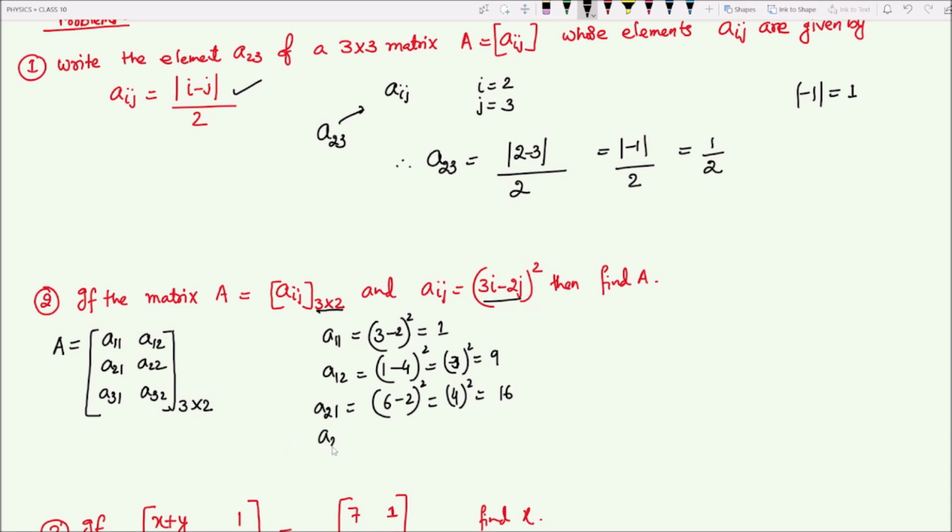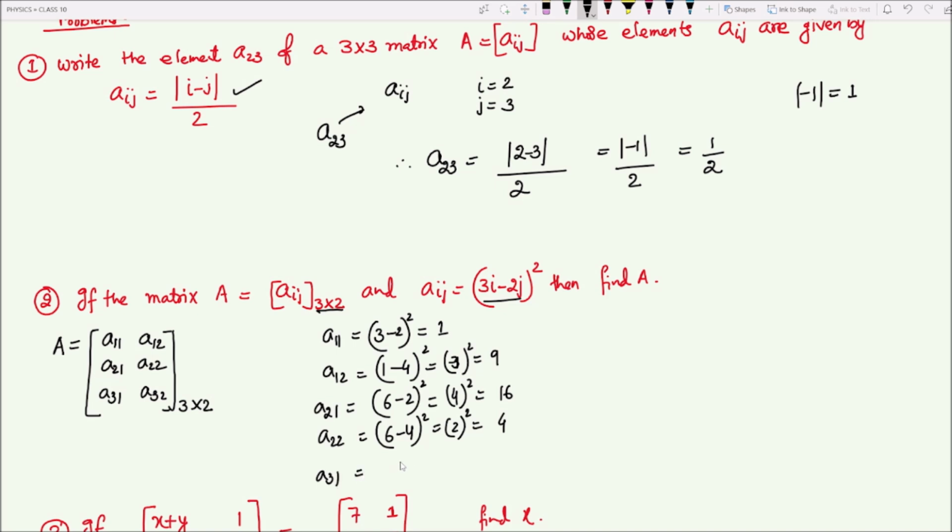Next is A22: (6 minus 4) squared, where 3 into 2 is 6 and 2 into 2 is 4, so 6 minus 4 is 2 squared, that is 4.